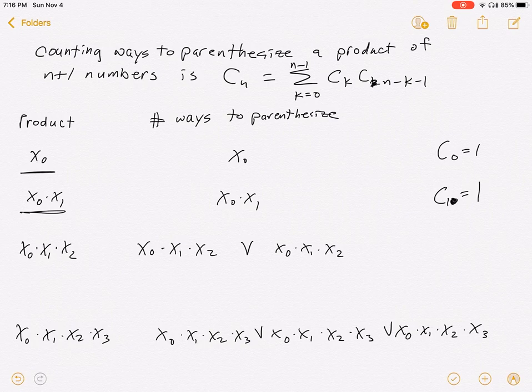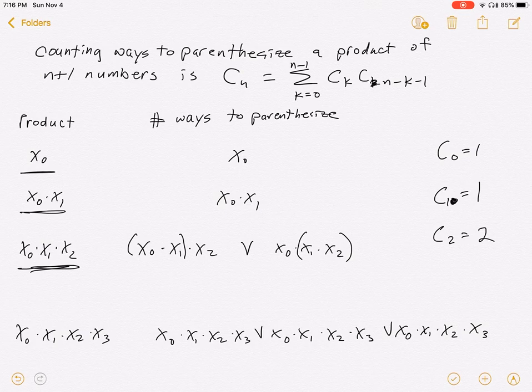So C1 is equal to 1. And now for C2, remember it's n plus 1 numbers, so x0 times x1 times x2. There are two ways to parenthesize that. I can parenthesize the first two in the product, or I can parenthesize the second two. So C2 equals 2, but we can also look at this recursively.